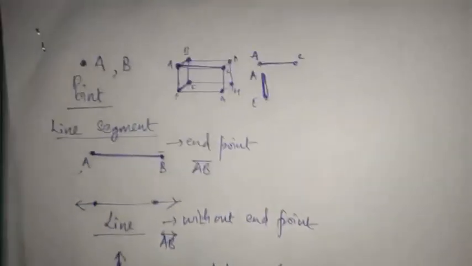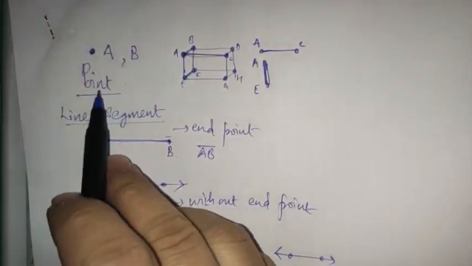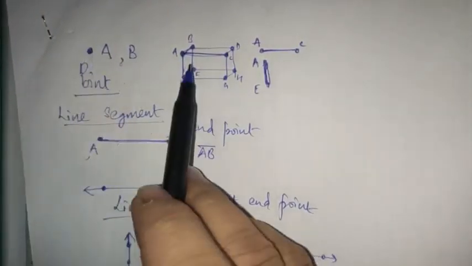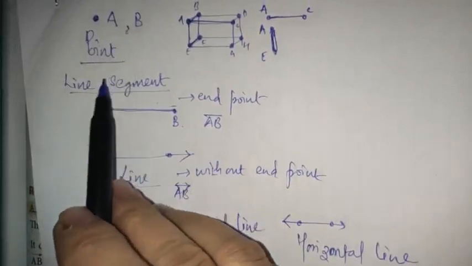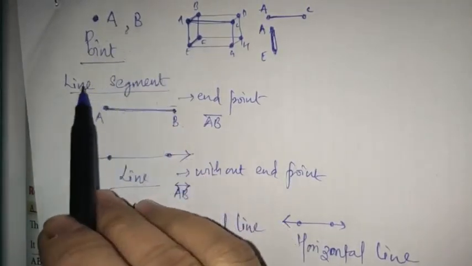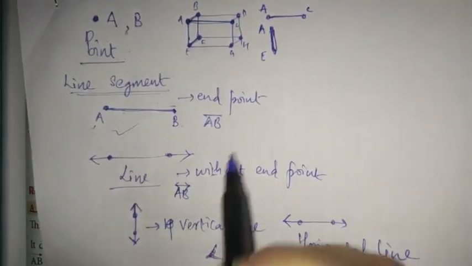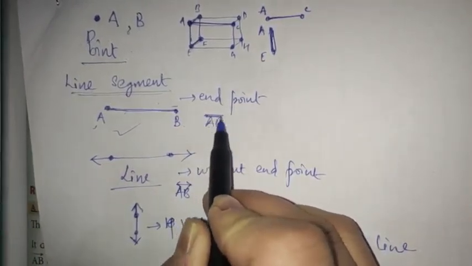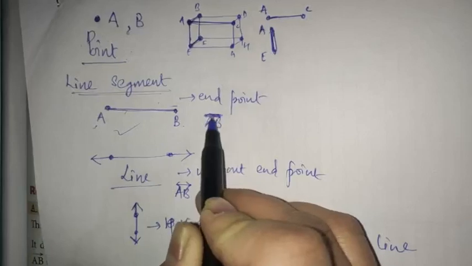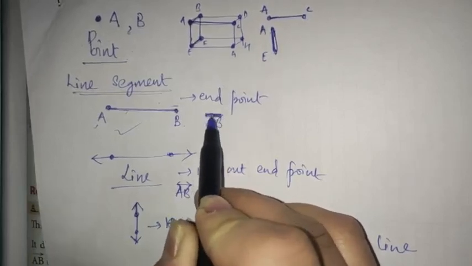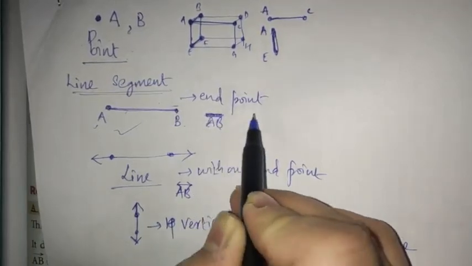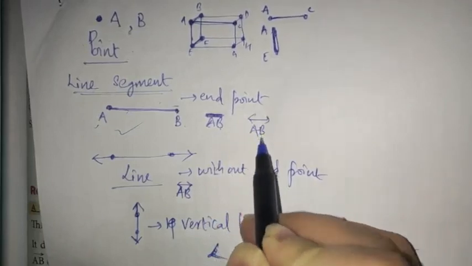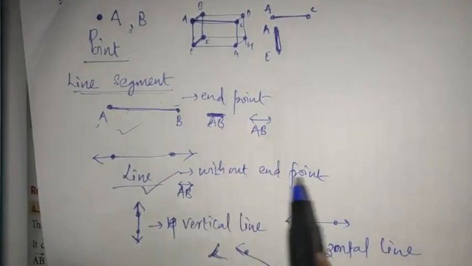Till now we have discussed the point, which was a dot-like structure. If you join 2 points, you get a line segment. You saw line segment was denoted AB with a bar. In higher classes you will say this as bar, but here just consider it as line segment AB. But if you get it like this, then it will be considered a line without any endpoint.